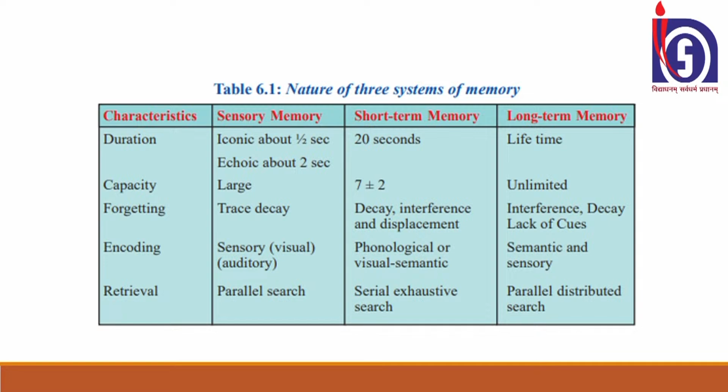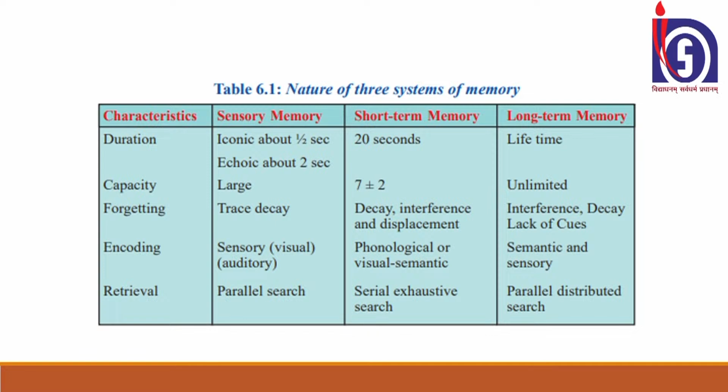When we talk of encoding, in sensory memory it is through senses, visual or auditory, and in short term memory it is phonological or visual semantic. And in long term memory, we have semantic and sensory encoding. Next we have retrieval.